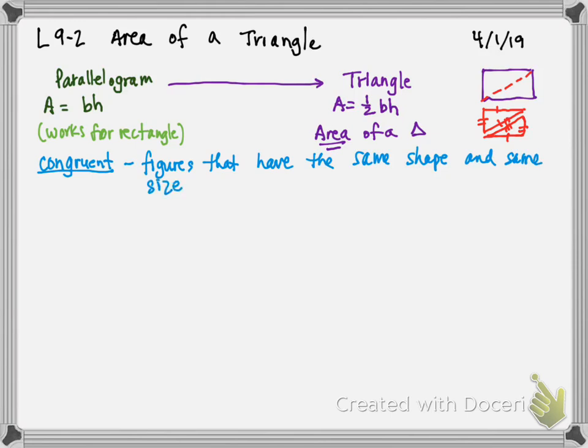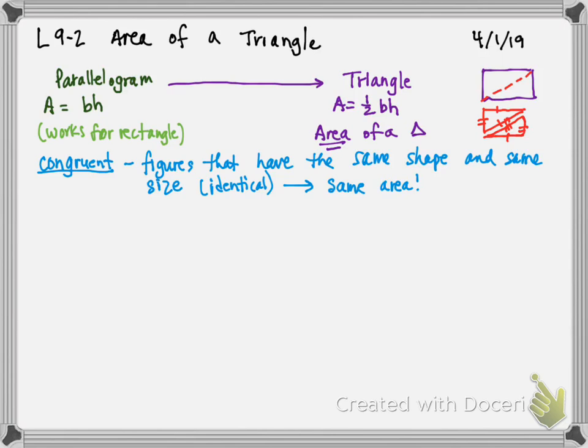Okay. In other words, they're identical. Now, let's think logically about this. If something has the same shape and the same size, then doesn't it stand to reason it would have the same area? I think so.